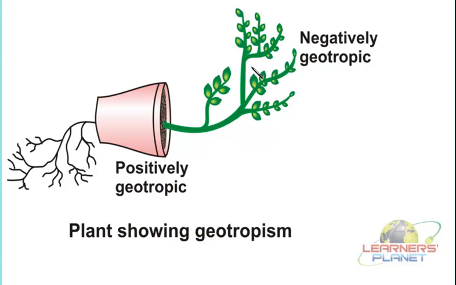There is no other extra source which we had added in this experiment. So ultimately the conclusion is that gravity can also serve as a source of stimulus for the plants, and the roots tend to show a positive response towards gravity, and shoots tend to show a negative response to gravity.